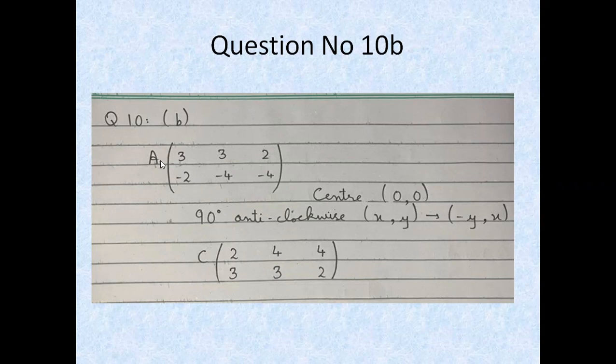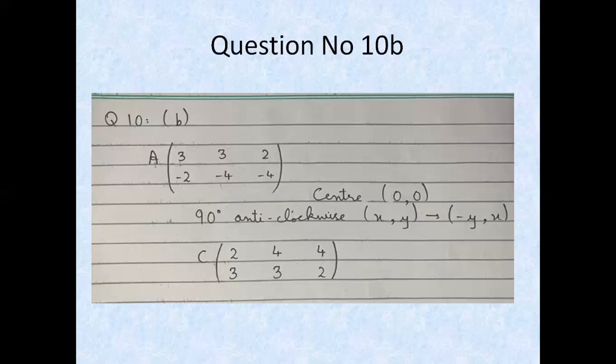For example, if this is (3, -2), this is the x coordinate, this is the y coordinate of the object. I will bring the 2 here and take the 3 here, and the sign of this new x coordinate will be changed. So remember this technique. It is used for 90-degree anti-clockwise rotation about the center.